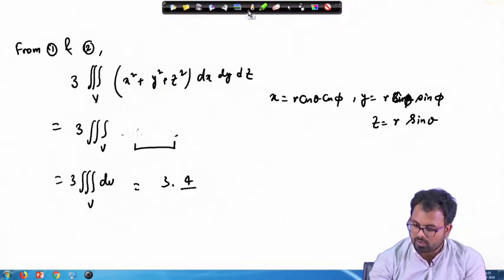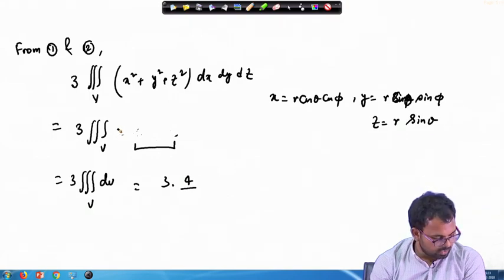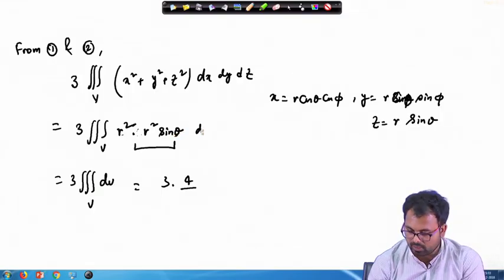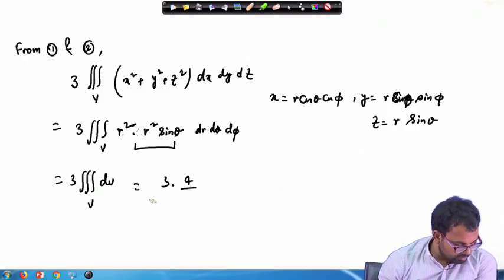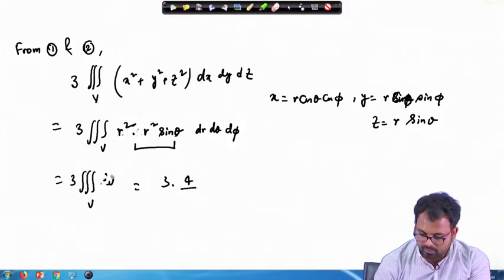So, if I substitute all these values here, then in that case this will be r square times r square sin theta, and then we will have dr d theta d phi, all right. So, now for this V, what we can do is we can write the range for r.